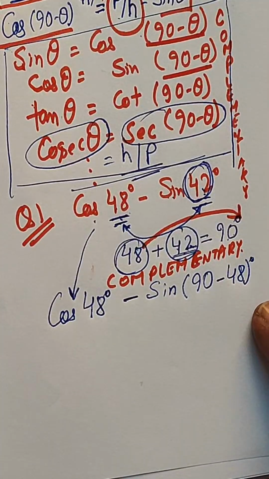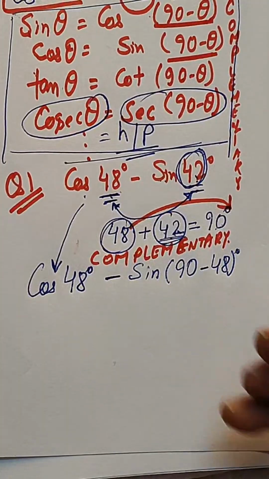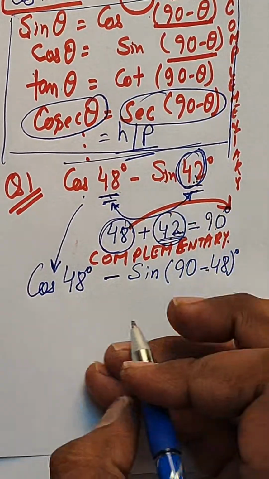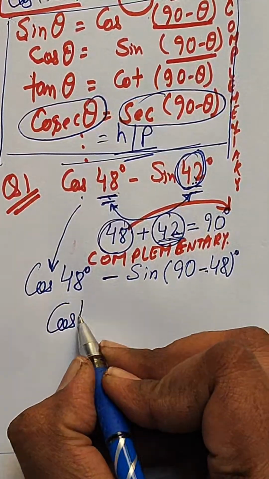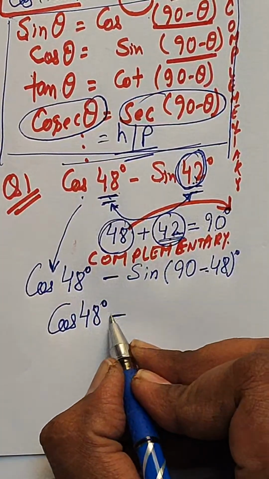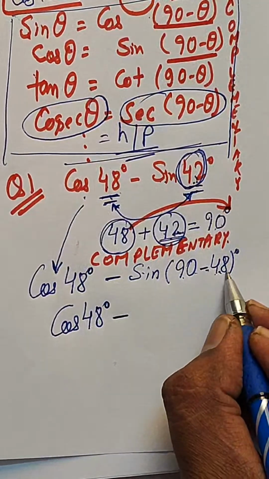What we did, we simply converted the second angle into its complementary, right? So this will give you cos 48 as it is, minus sine of 90 minus 48.